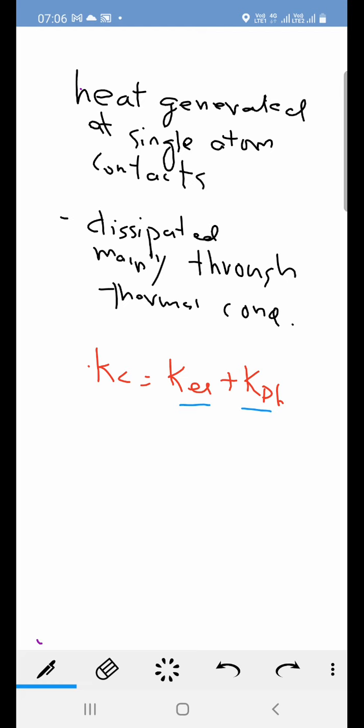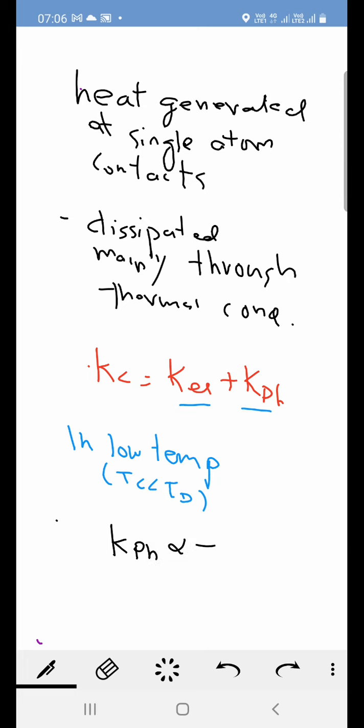Now at low temperature, that means when T is much less than the ambient temperature of 290 K, this is dominating. By low temperature, we mean that it is less than the Debye temperature. So in that case, KPH is proportional to T cube.